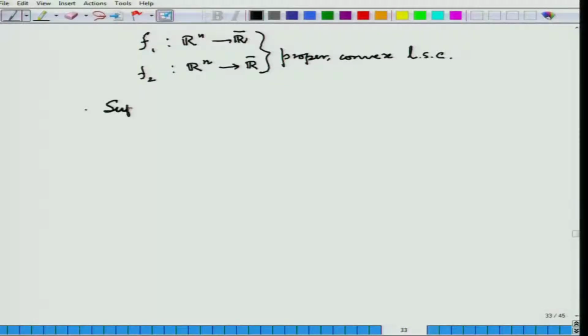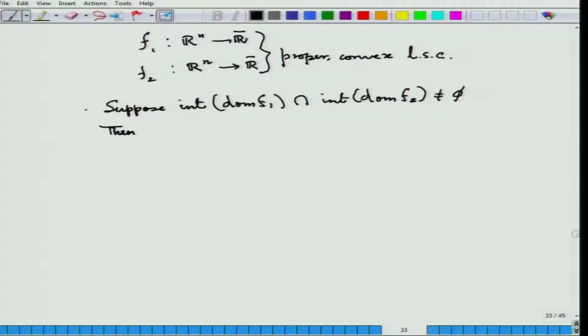Suppose the interior of the domain of f 1 intersection the interior of the domain of f 2 is not equal to phi, then you have this fabulous, fascinating result, a sum rule, that too for a class of functions which is extended valued.